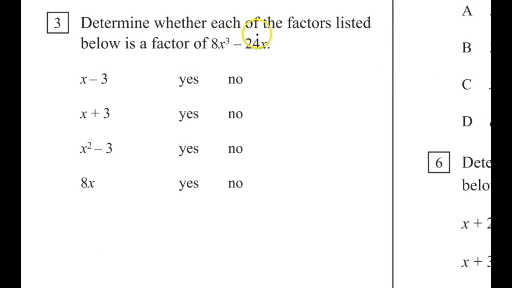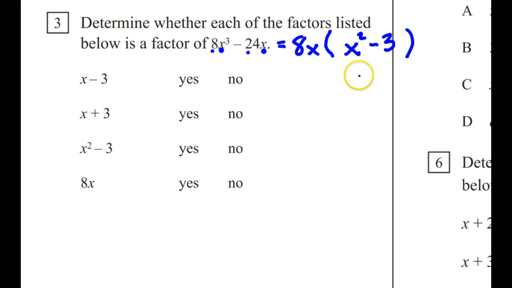Number 3, you just have to go ahead and factor it and see what happens. In this case, start with a GCF. 8 goes into both. There's an x in each of them, so 8x is a factor. And whatever's left over in the parentheses is also another factor, which would be x squared minus 3. Now, does x squared minus 3 factor even more?